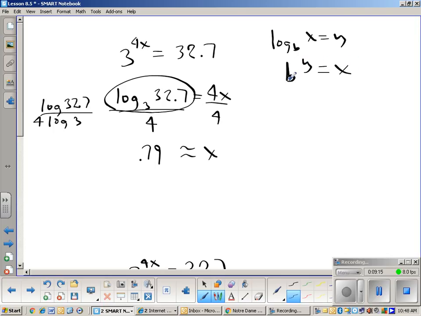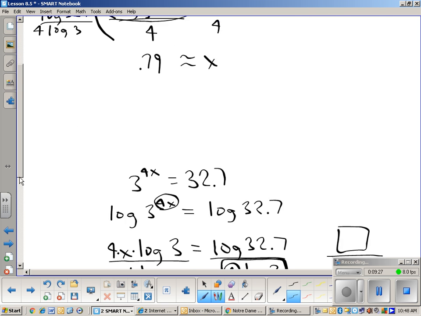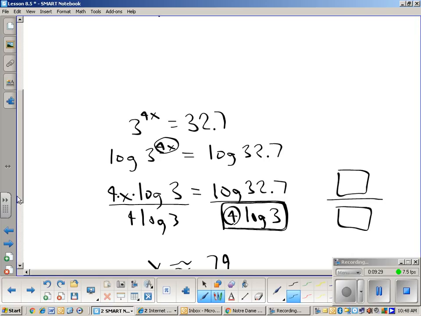That's the rule. We took this problem and went this way with it. And that's how we got this statement right here. Okay? But if we forget that, when the unknown's in the exponent, you can just take the common log of both sides and solve from there. Okay?